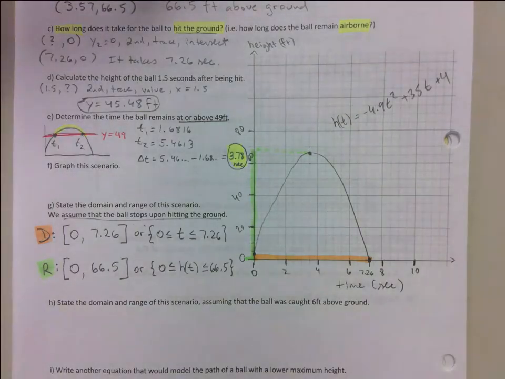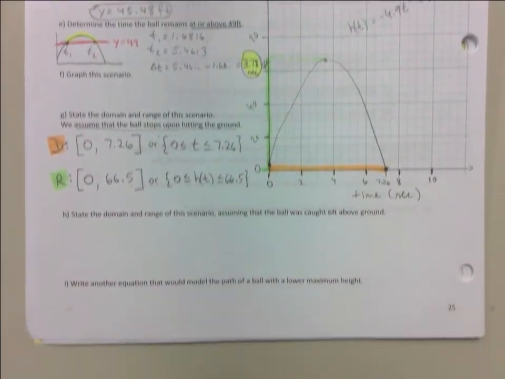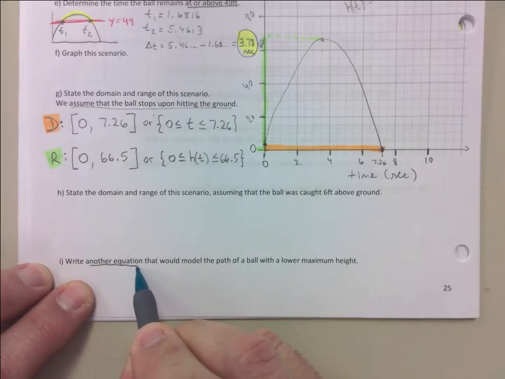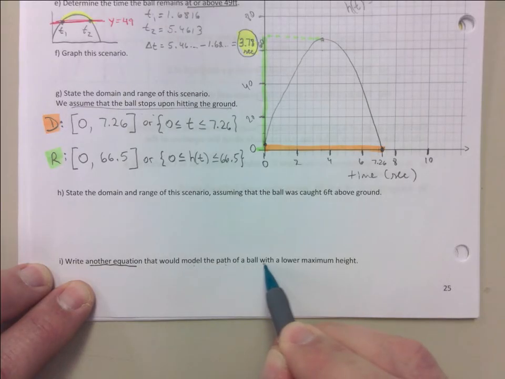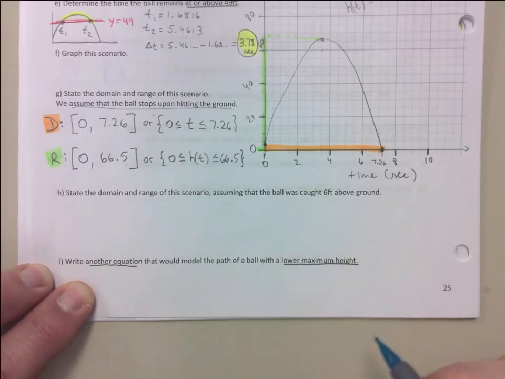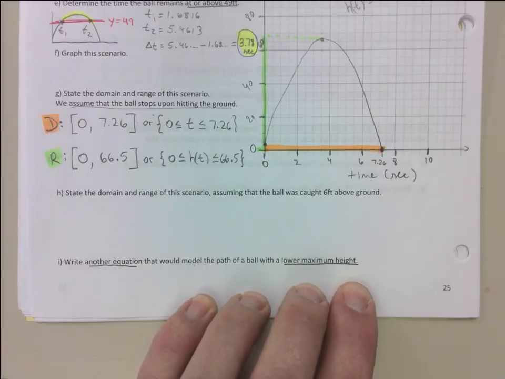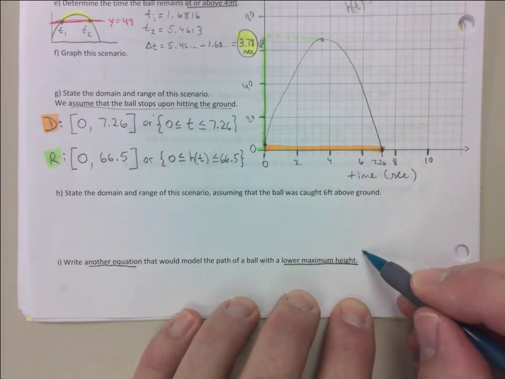We're gonna skip H. I'm not gonna do H just yet. Write another equation that would model the path of a ball with a lower maximum height. What should we change for the maximum height to be lower than what it is right now? Out of the variables, think of it this way.